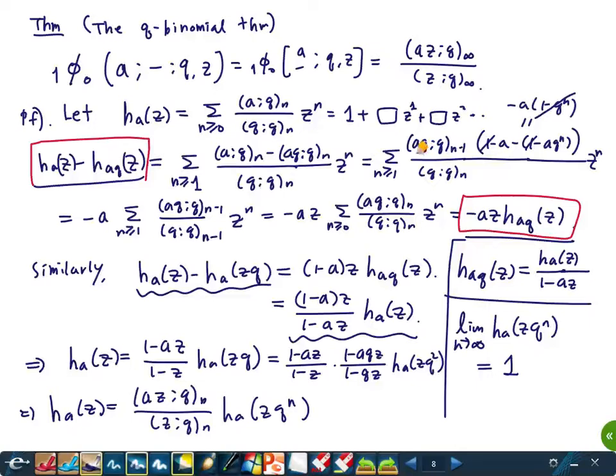So it's 1. So when n approaches infinity, you get (az;q)∞ over (z;q)∞, and this series goes to 1. So that's the right-hand side. This is the proof, one proof using q-series.